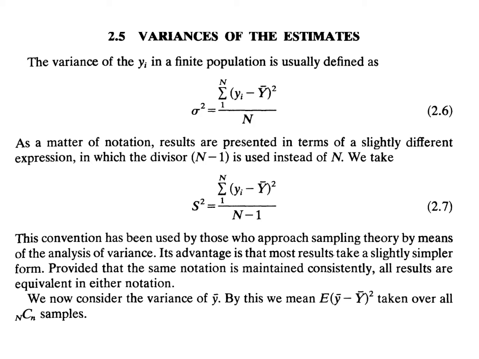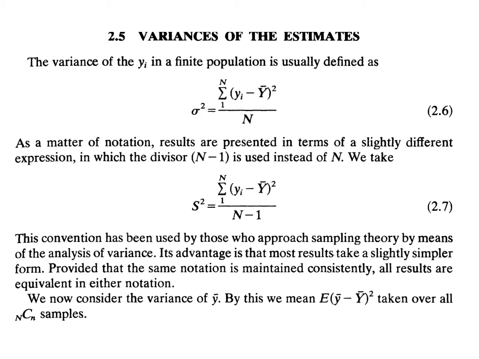This convention has been used by those who approached sampling theory by means of the analysis of variance. Its advantage is that most results take slightly simpler form, provided that the same notation is maintained consistently. All the results are equivalent in either notation.